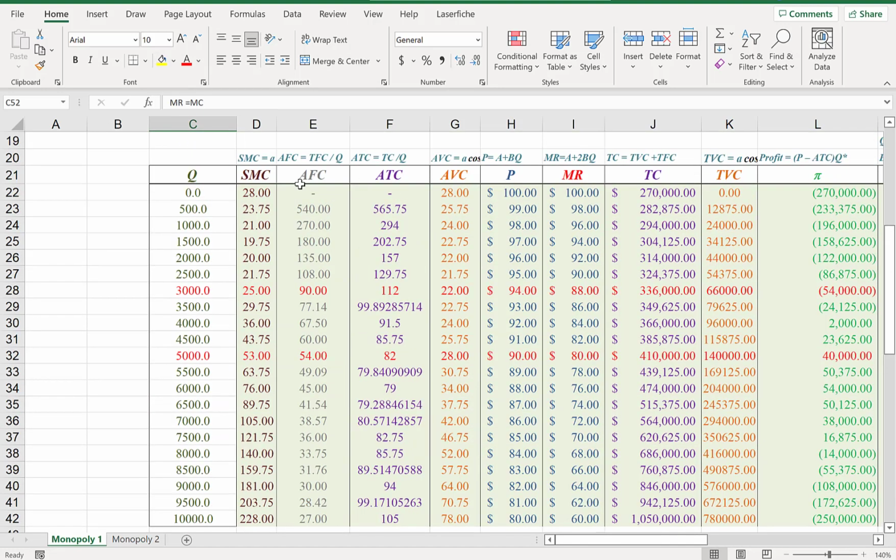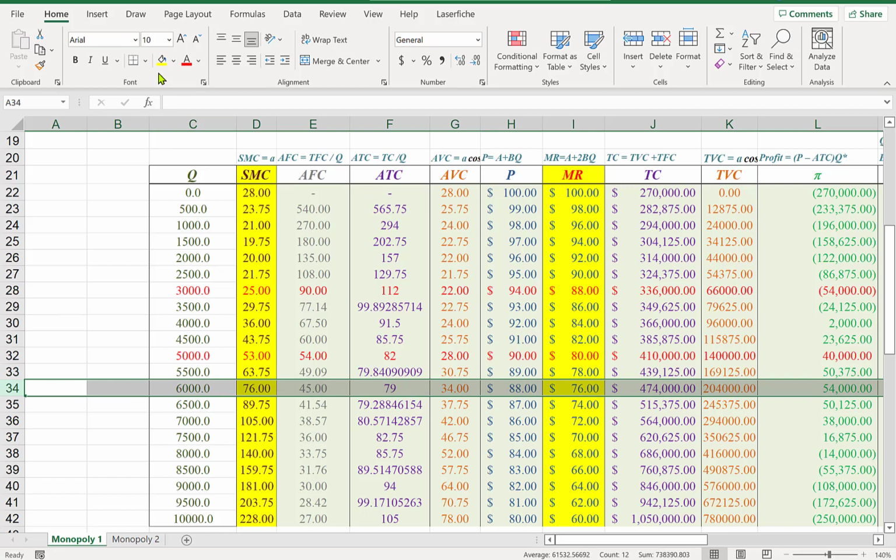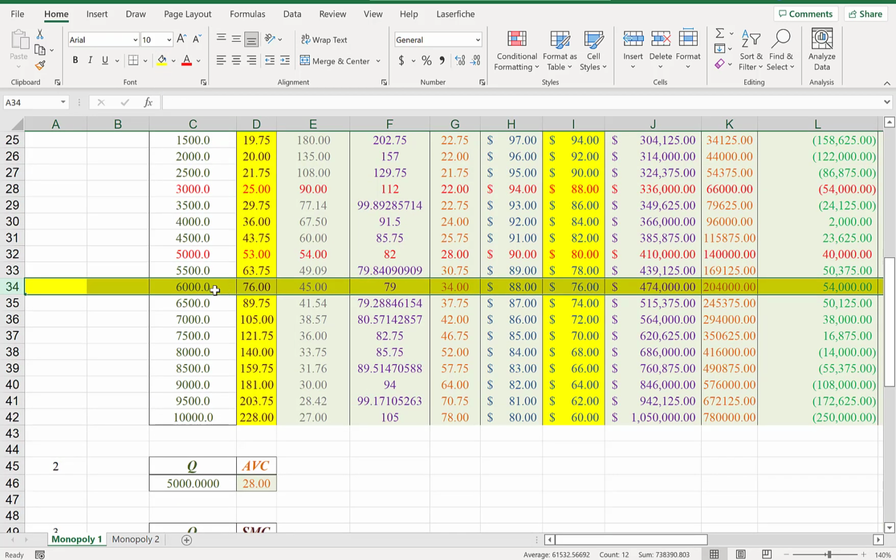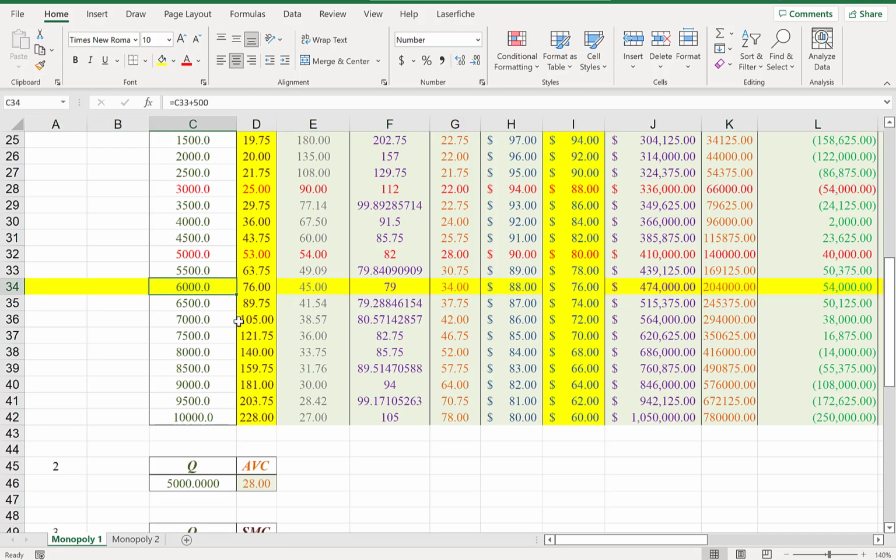So I'm going to go to this table, marginal cost, and see when marginal cost is equal to marginal revenue. 25.88, nope. 82.42, nope. 63 something. Oh, okay, I got it. It's here. When you produce 6,000 units, you are producing at the profit maximizing level.